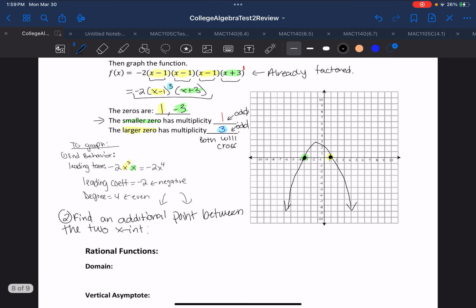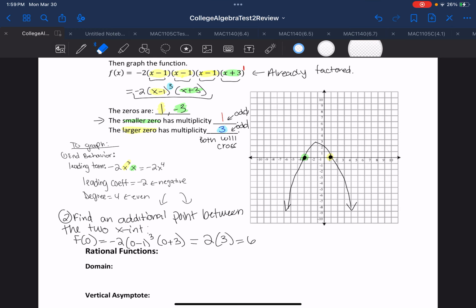So I'm going to pick 0. I'm going to find f of 0. Plug 0 in, and this would also be my y-intercept. So this would be negative 2 times 0 minus 1 cubed times 0 plus 3. 0 minus 1 is negative 1. Negative 1 cubed is negative 1. Negative 1 times negative 2 is a positive 2. And then I would have 2 times positive 3, which is 6.